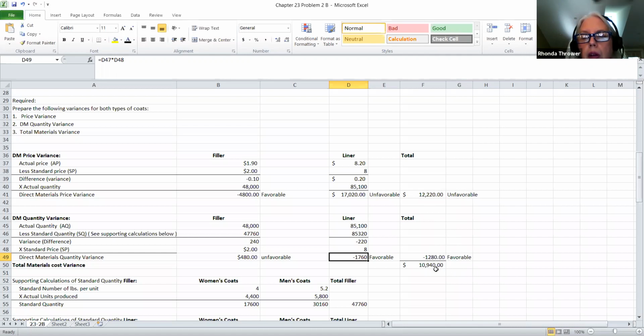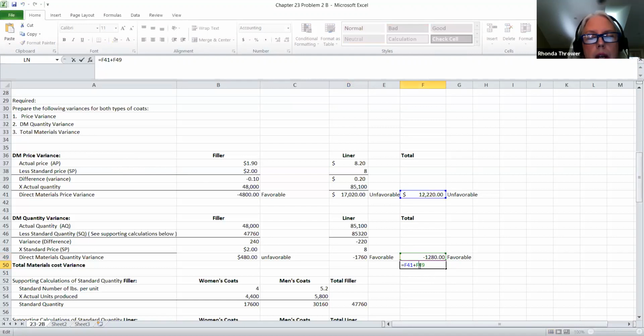The net of those is 10,940, which is your total direct materials cost variance. So they wanted the total amount of the variance, and that total amount is here.